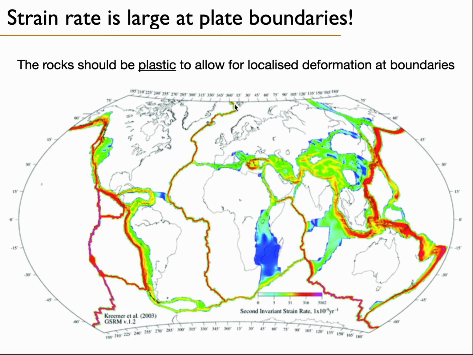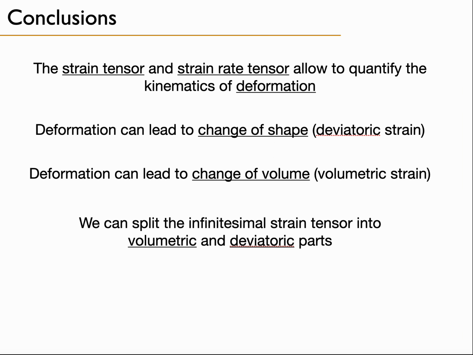It's giving you the intensity of the rate at which deformation is taking place. So as a conclusion, the strain tensor and the strain rate tensor allow you to quantify the kinematics of deformation. One is giving you the amount of deformation, and the other one is giving you the rate at which this deformation is taking place.